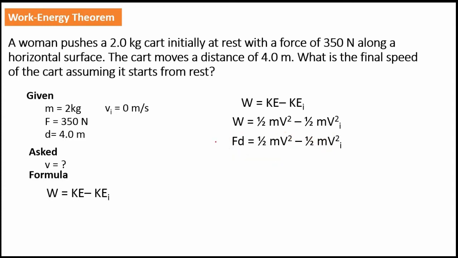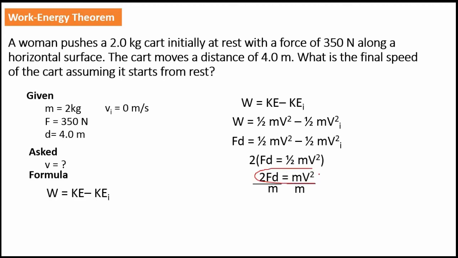What we're going to do is multiply both sides by 2 so that we could eliminate the fraction. So 2 divided by 1 times 1, it's 2fd, is equal to 2 divided by 2, that's 1, then times the mass and v squared. So it becomes like this.